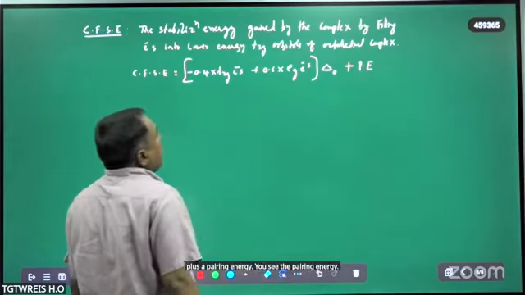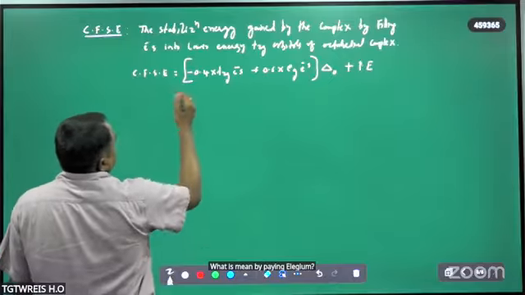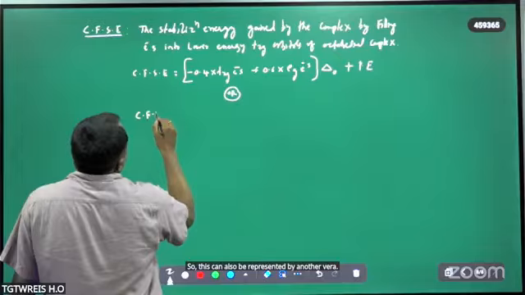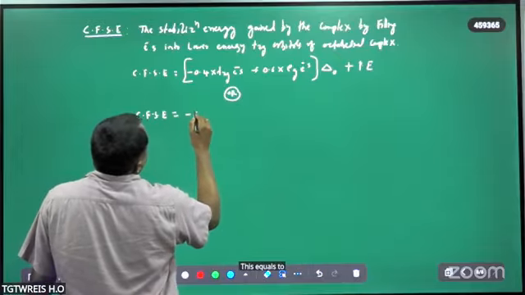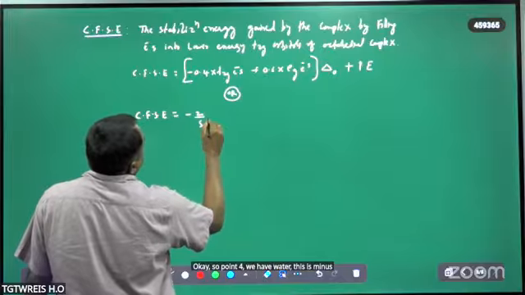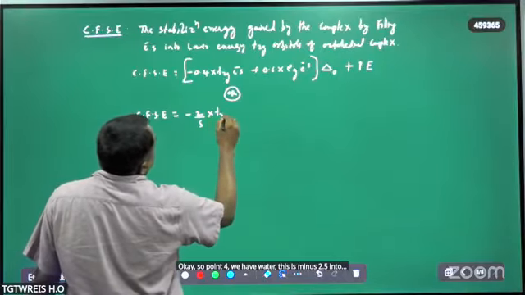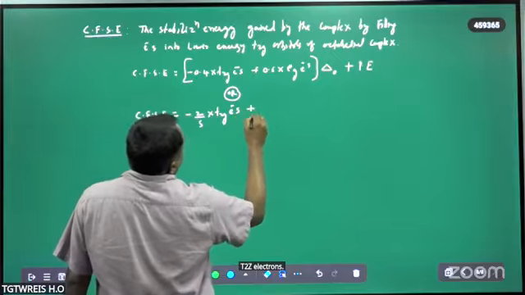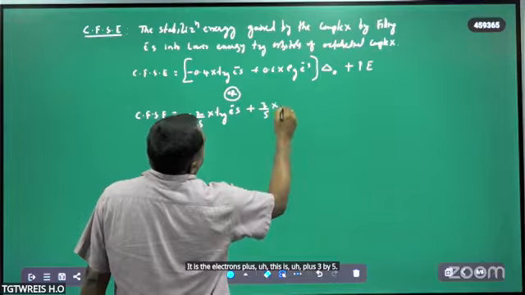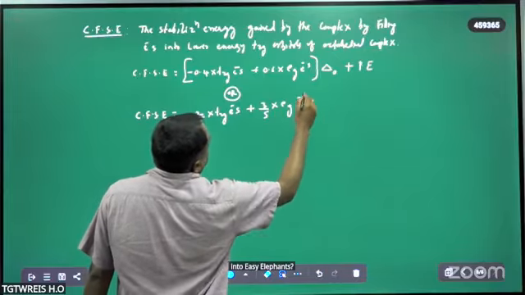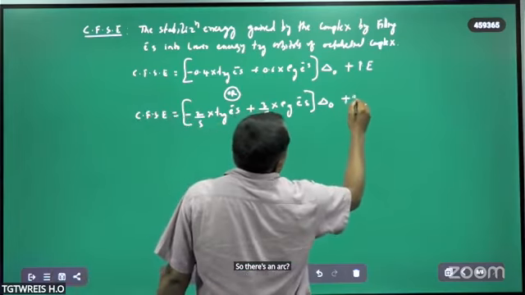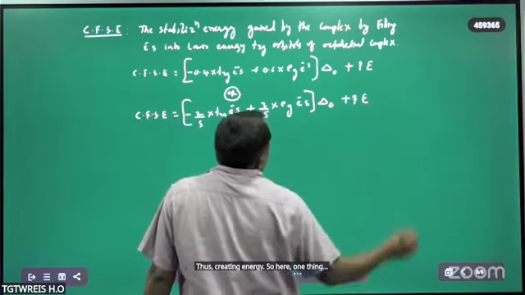This can also be represented another way: CFSE is equal to minus 2/5 into t2g electrons plus 3/5 into eg electrons, times delta naught, plus pairing energy. So what is the pairing energy?